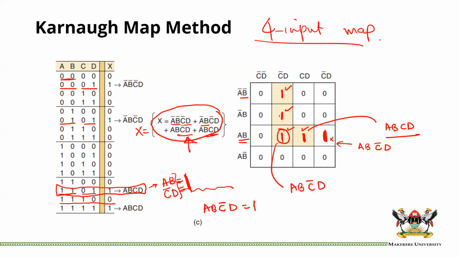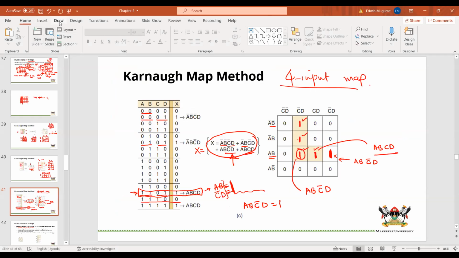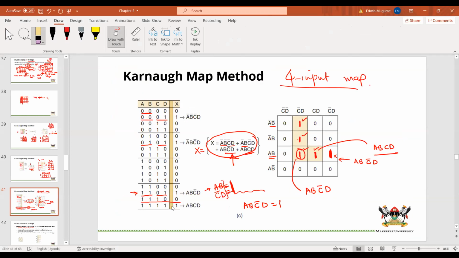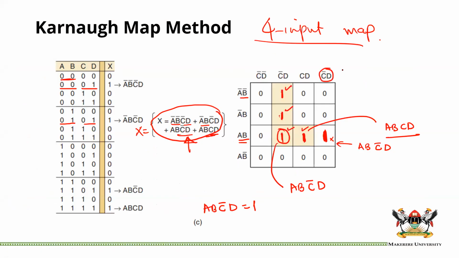The top labeling, the CD is meant to be CD inverse, because it cannot be the same as the last one, which is ABCD. Like on your K-map, sir. You're right. This should be CD inverse. So there you can see there is a mistake in the book. Obviously, for us, we will not make it.